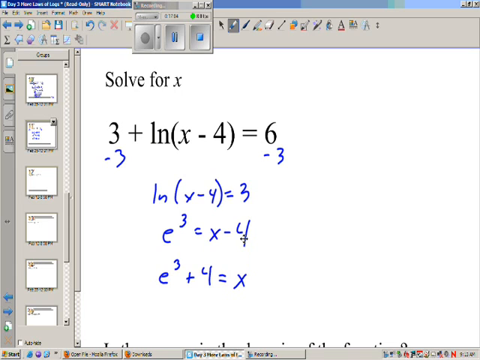Now we could do this on the calculator, and we'd actually get a real value. E to the third plus 4 is 24.085533, and so on and so on. That would be the value for x, but we accept e to the third plus 4 as an exact answer.